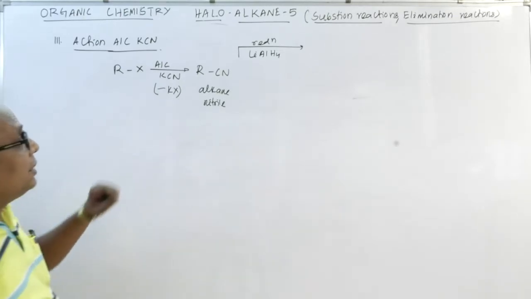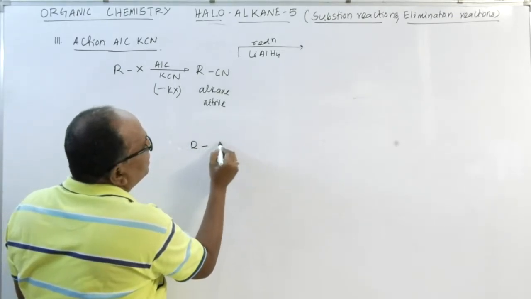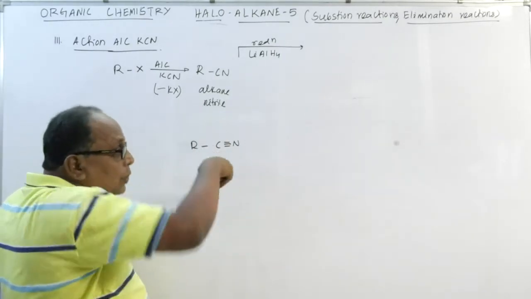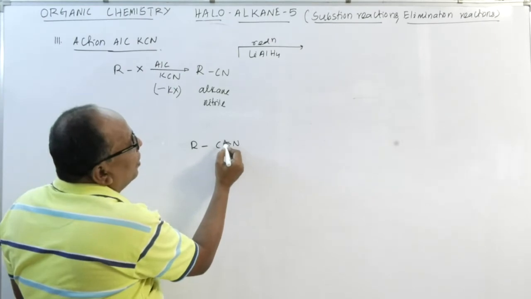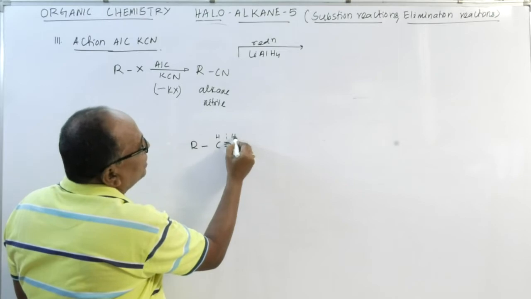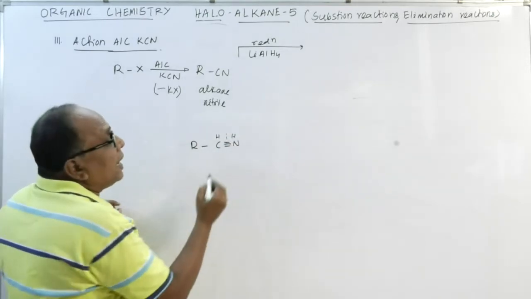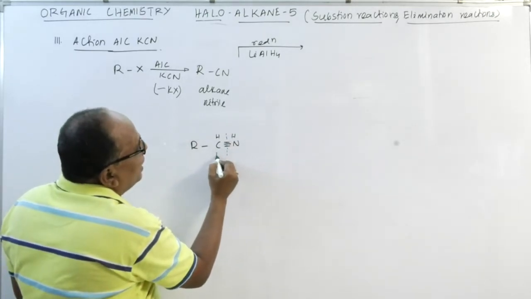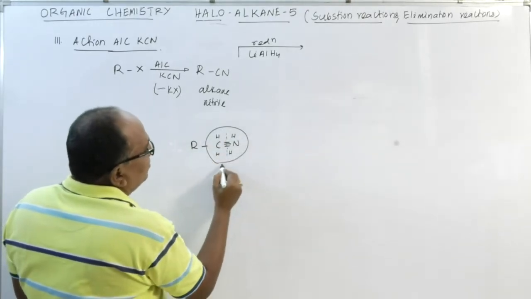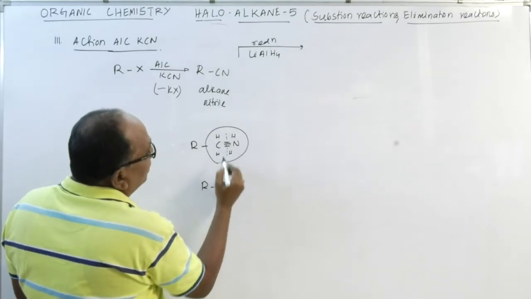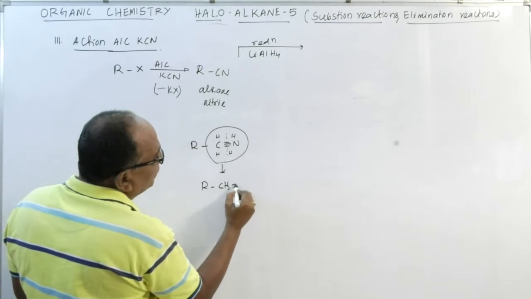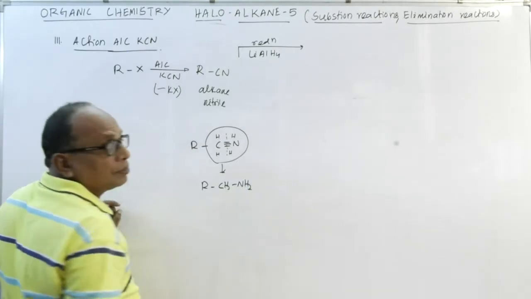What will happen? In R-C triple bond N, one is a sigma bond, the other two are pi bonds. One pi bond is broken here, this side H, this side H. Again another pi bond is broken, this side H, this side H, and this becomes R-CH2-NH2.